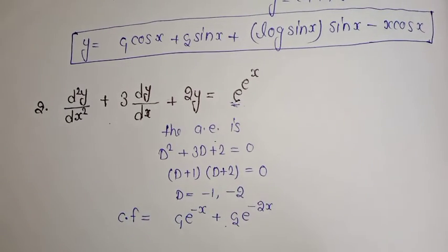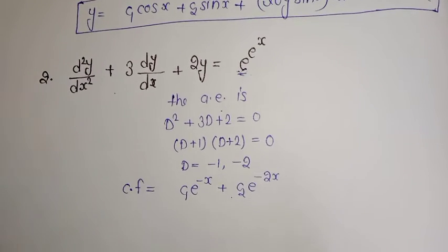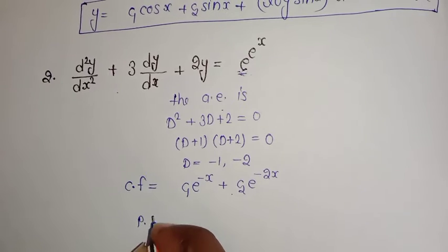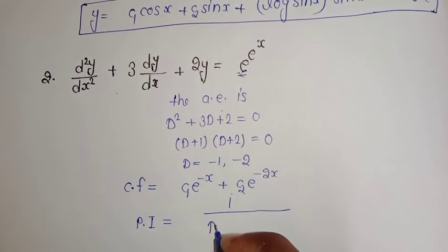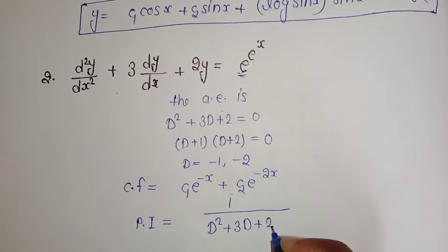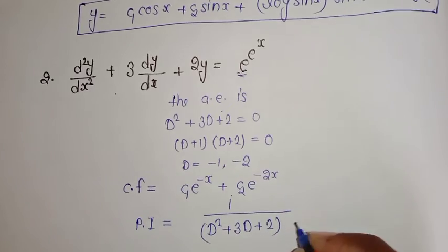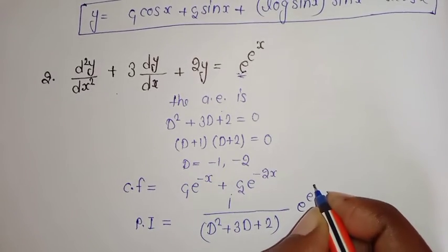Now I am going to write the PI for this differential equation, which is PI equal to 1 upon D square plus 3D plus 2, that is f of D, e raised to power x.